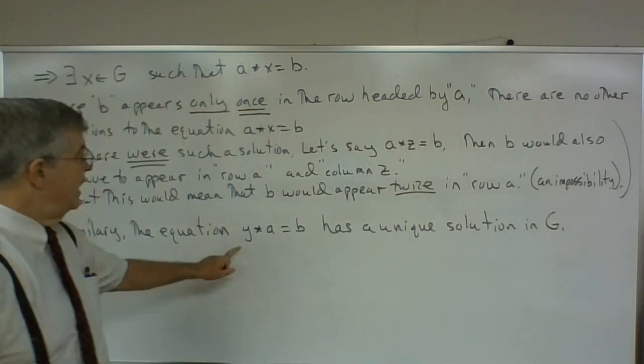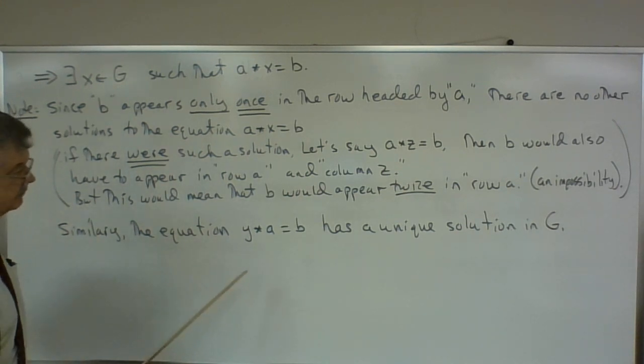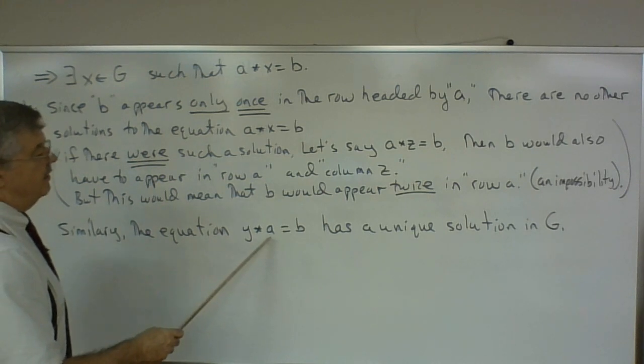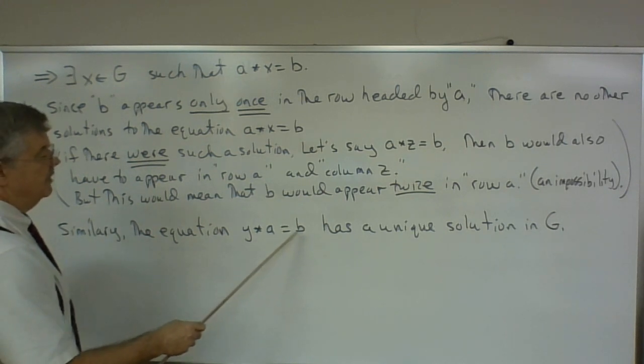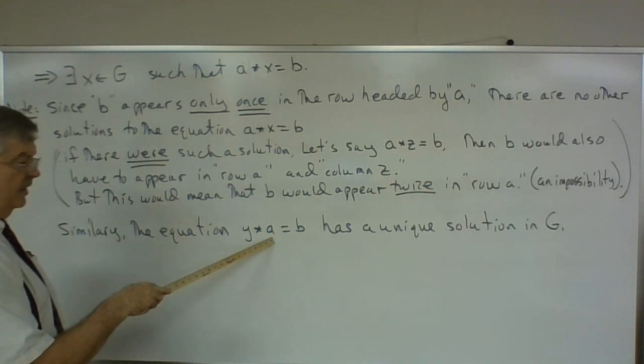The equation Y star A equals B has a unique solution in G. And if we were to do this out, we'd say, okay, look, the element B appears in the column headed by A exactly once.